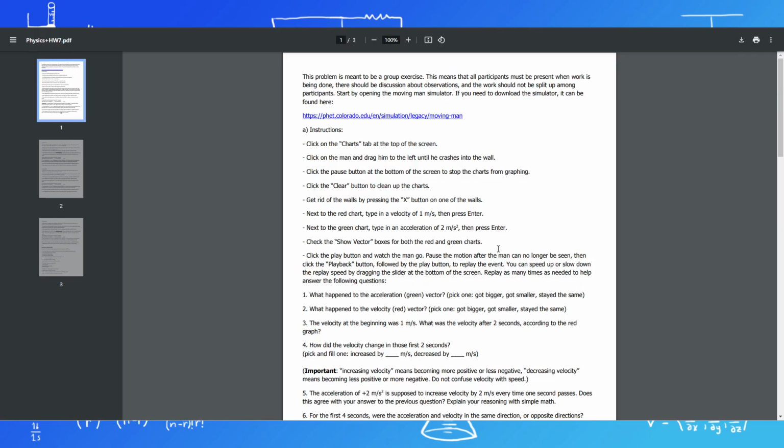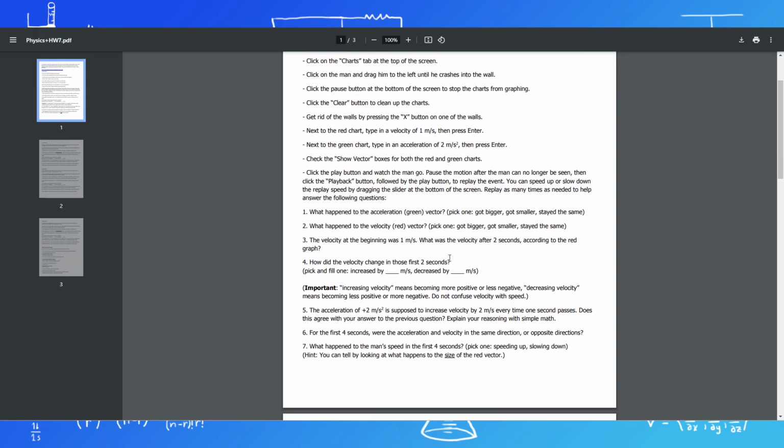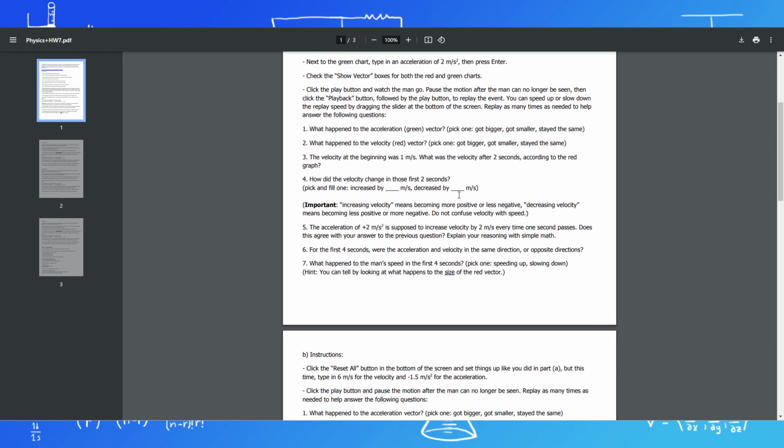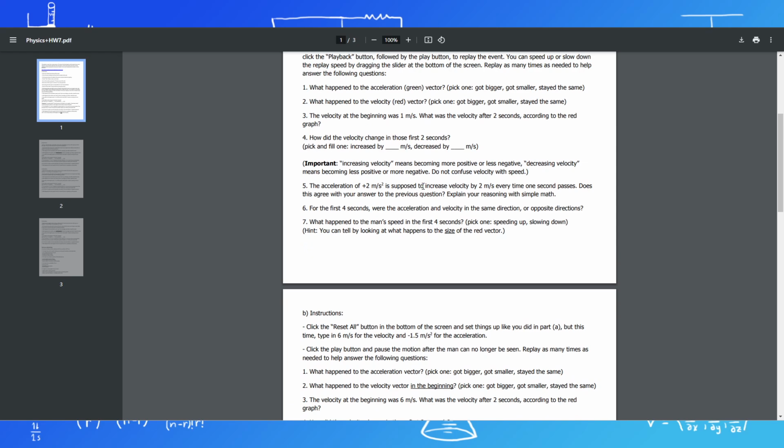But yeah, if you played around with this, I'm assuming you did, then you should have been able to get the answers that I'm going to go over right now. What happened to the acceleration vector? Stayed the same. Red vector got bigger. Yeah, I don't think you need me to go over the answers for this. How did velocity change in those first 2 seconds?